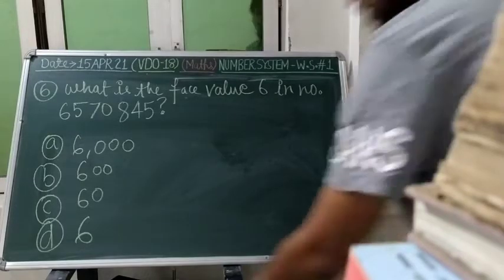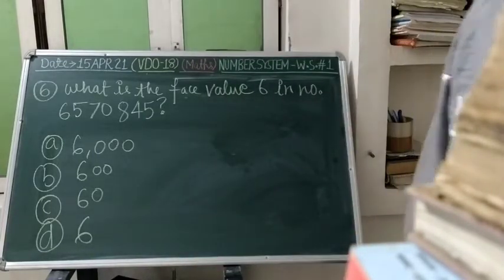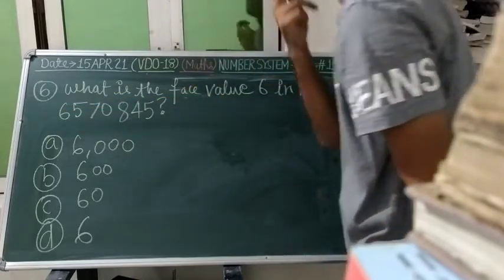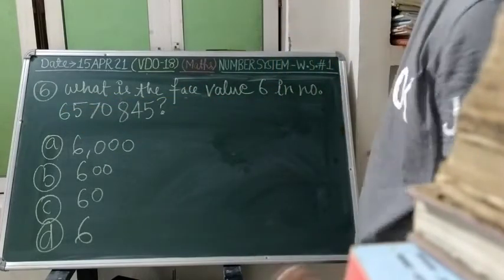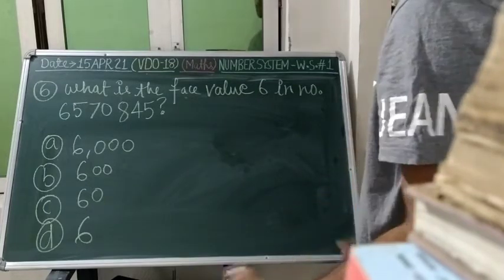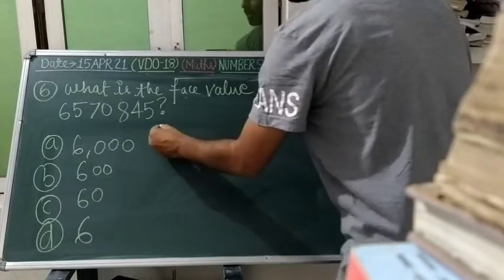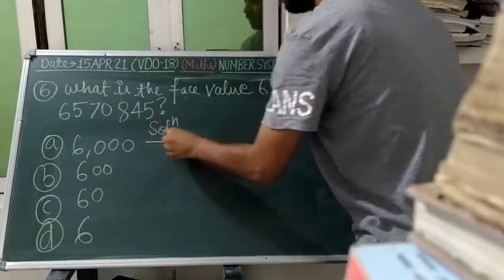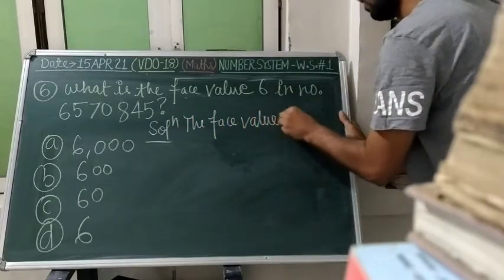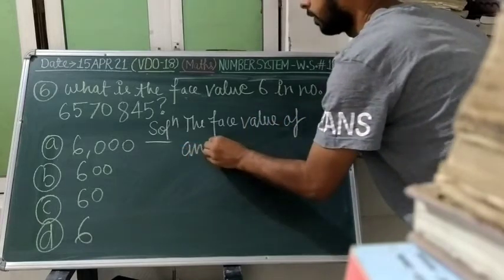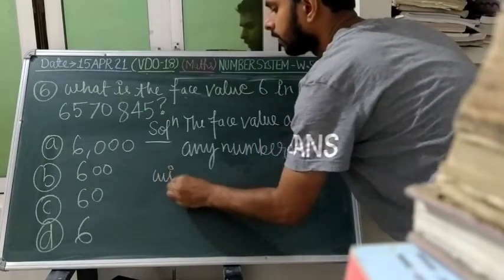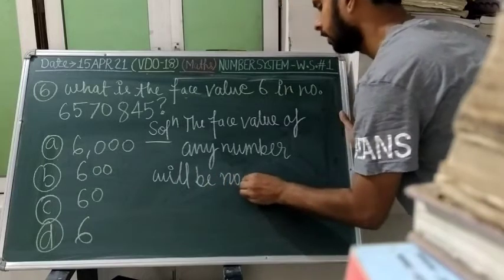Now students, come to the sixth problem. The sixth problem is saying to you: what is the face value of 6 in this number? Sometime earlier I have told you that the face of any person is not going to change. So you will remember that the face value of any number will be the number itself.